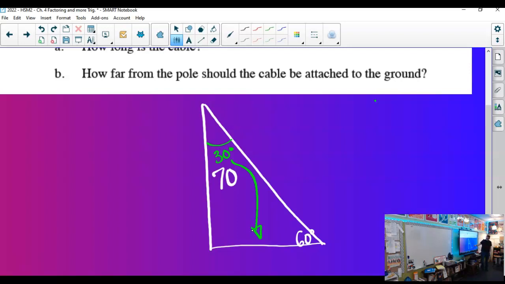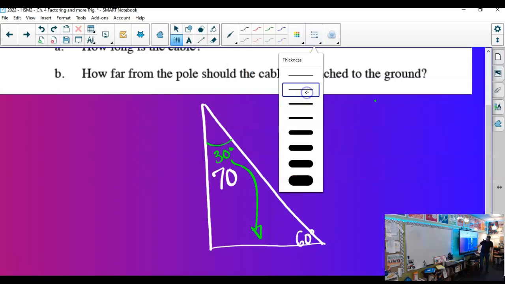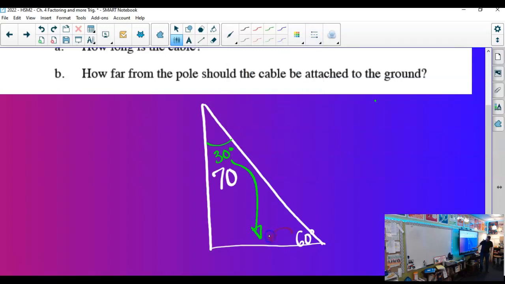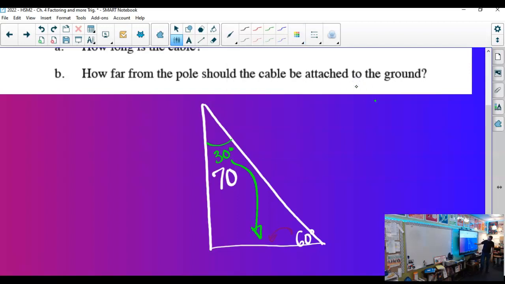So if we want to solve for the cable's distance away from the ground, that's the adjacent. We could work either direction, using the 30 or the 60. If I use my 60 degrees, let's just use tangent.